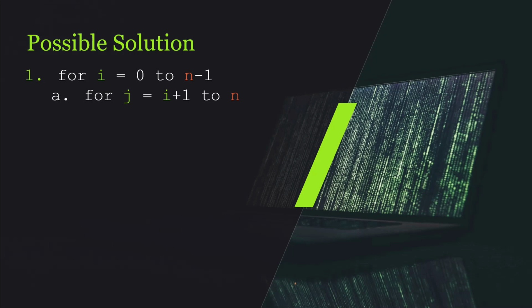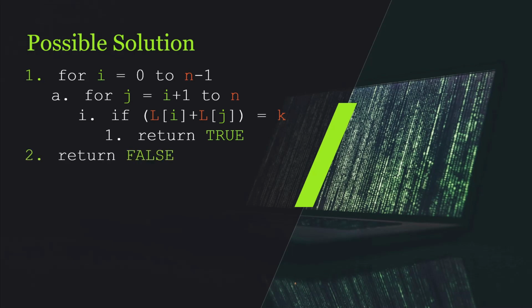Then for each of the pairs created with these two loops, I'm going to check if L at i plus L at j is equal to k. If that's true, we'll return true because we found a matching pair that sums to k. These two loops together will exhaust all possible pairs in the list. If we do not return true in any of those comparisons, we then return false.